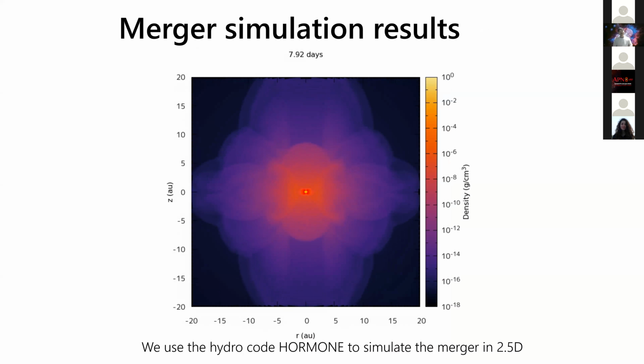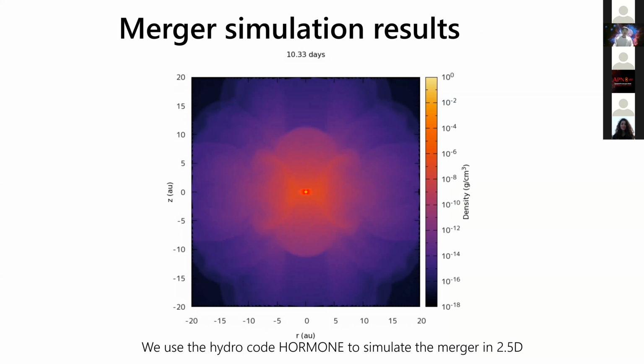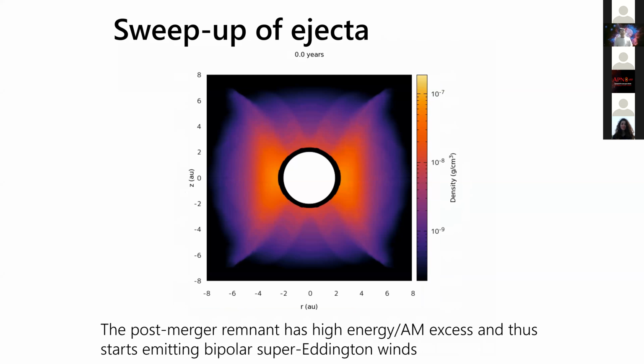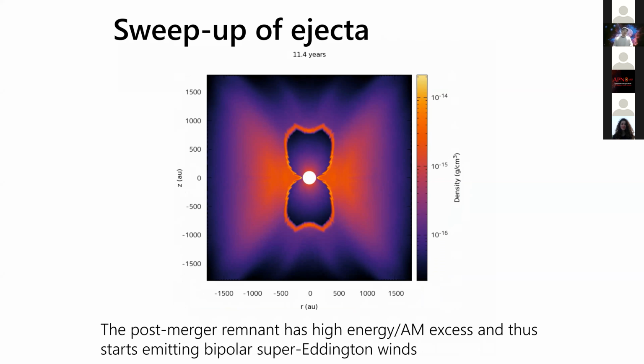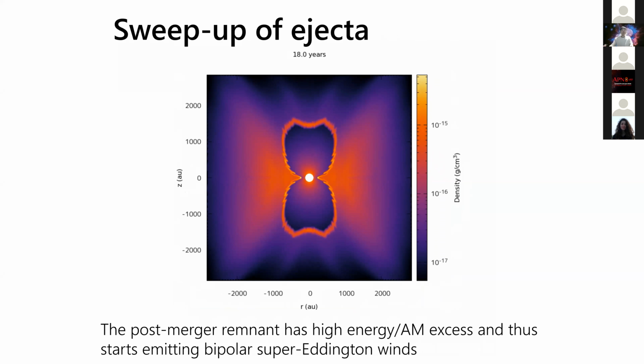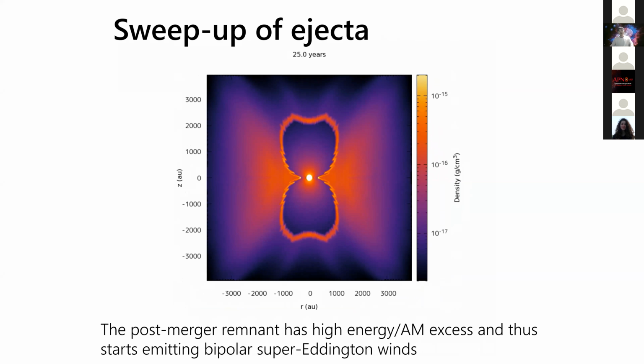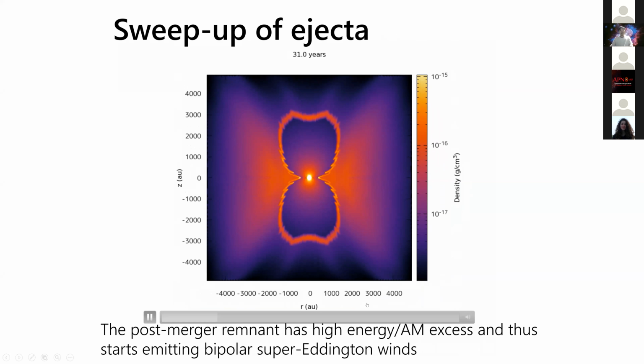The explosion itself is actually quite spherical, but as I said, with this merger product, there's a huge amount of mass still bound to the star, and this will eventually, we think, emit super-Eddington winds. So we injected a wind from the middle and see how it sweeps up the inner parts. We also incorporate some radiative cooling to see what kind of shape it makes.